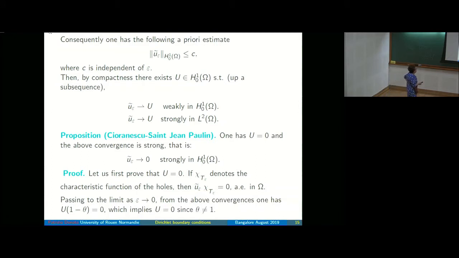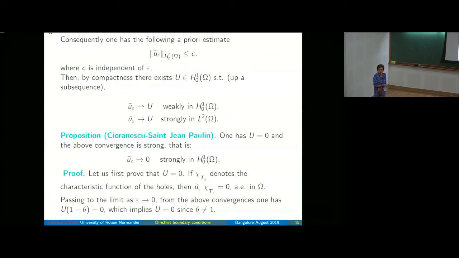Now we know that this one goes strongly to u, capital U. This one goes strongly to 1 minus theta because it is nothing else than 1 minus that function. So we have u (1 minus theta) equals 0. But theta is not 1, so u is equal to 0. This shows the first part of the proof.